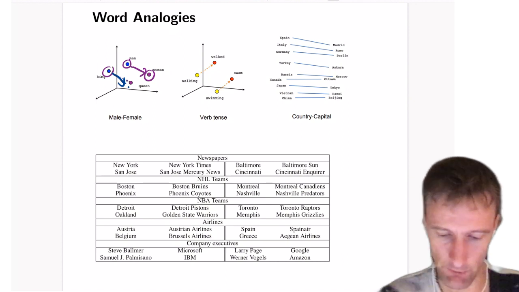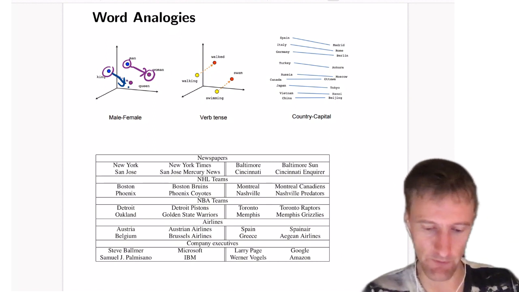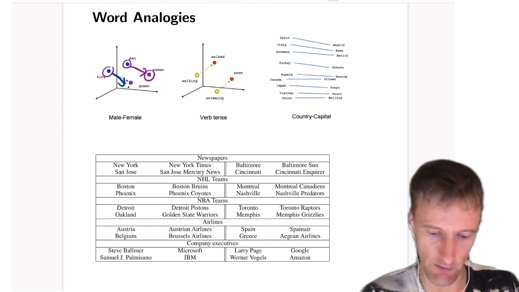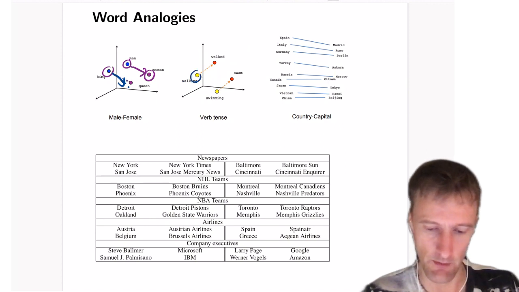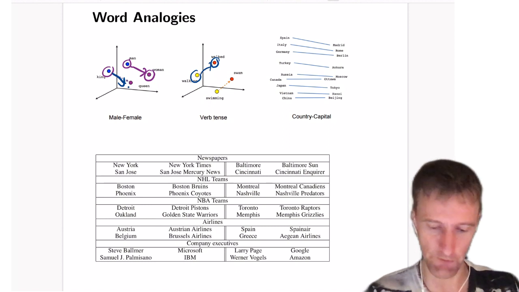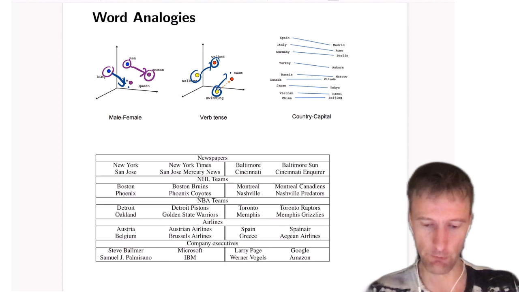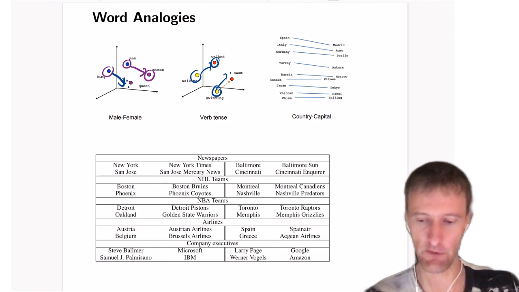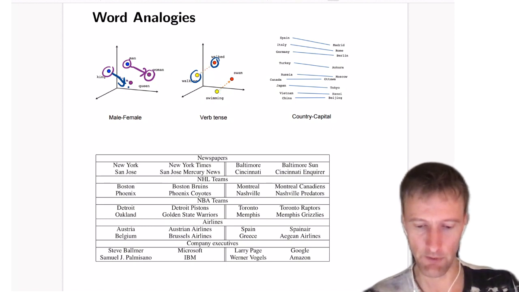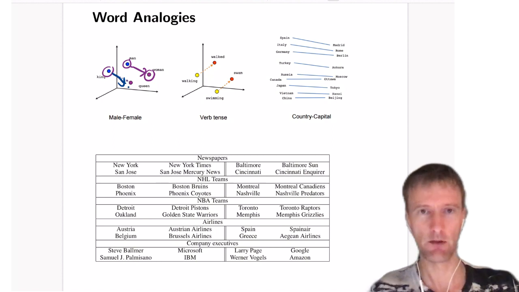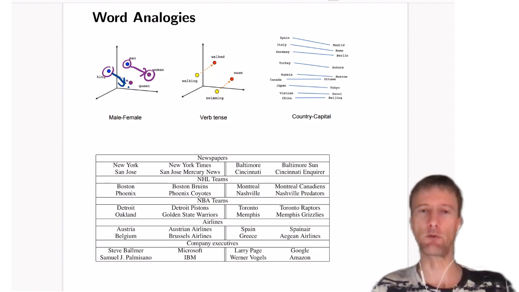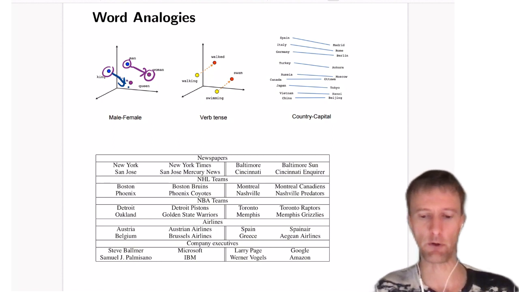And this also works for verbs and tenses. For example, you have an activity in the present and in the past. You can take this vector from present to past, attach it to another word, get somewhere, and see that the closest word there is the past tense of that other word. So that means that this space reflects quite a few of the interesting meanings that words can have.